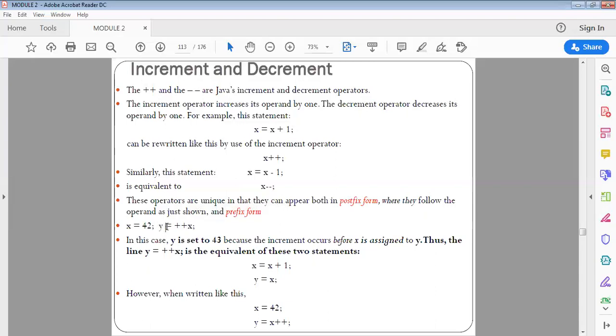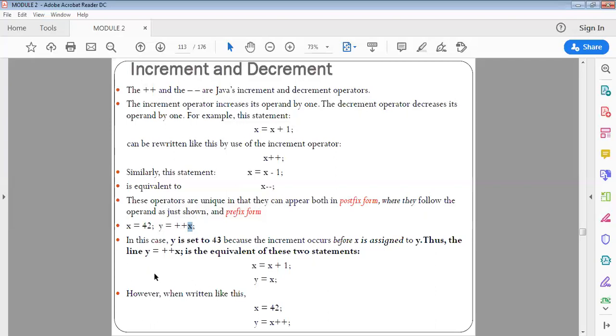So the increment will be done to variable x, then the assignment will be done to variable y. As we all know, the increment will be done on the operand. So y is set to 43 because the increment occurs before x is assigned to y.